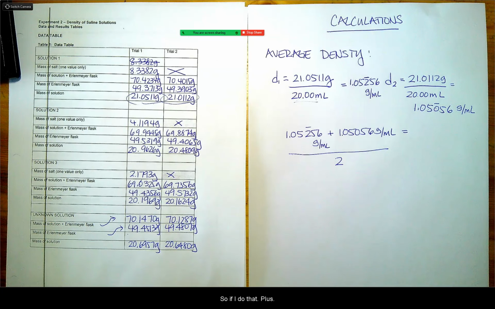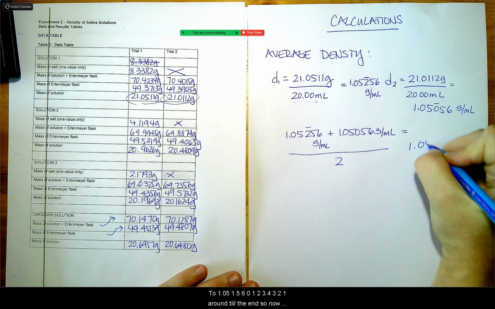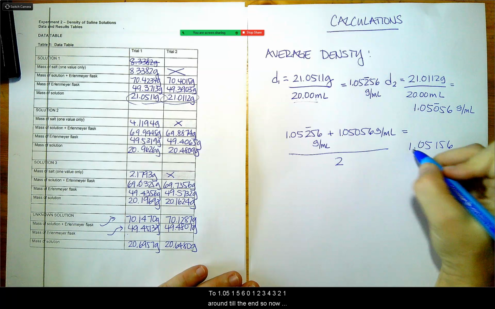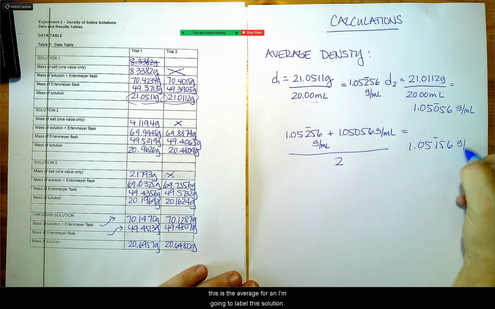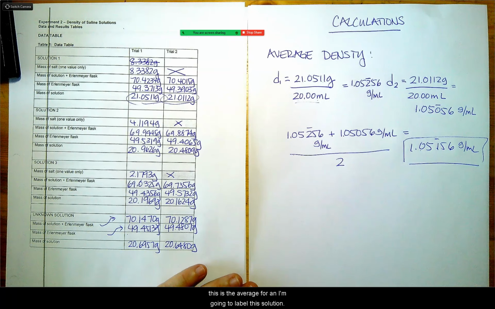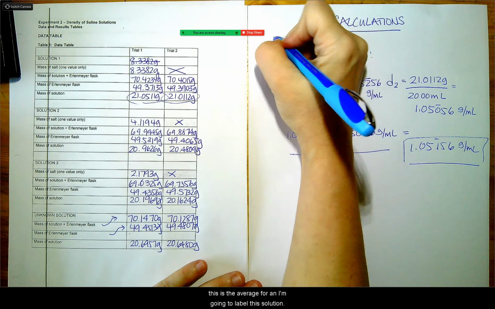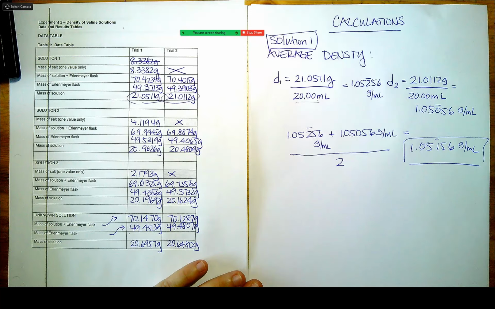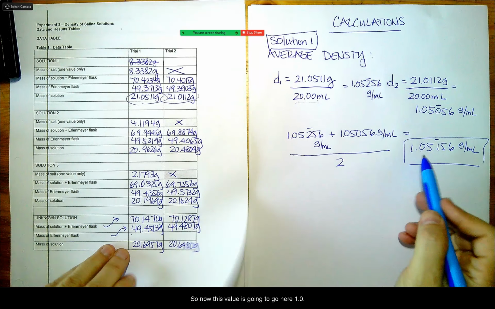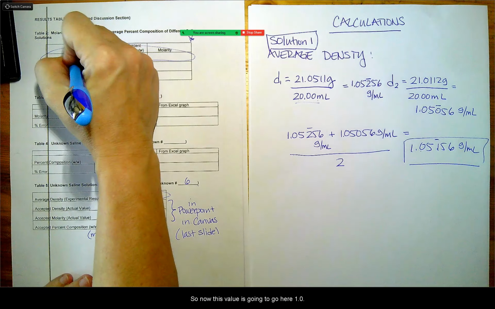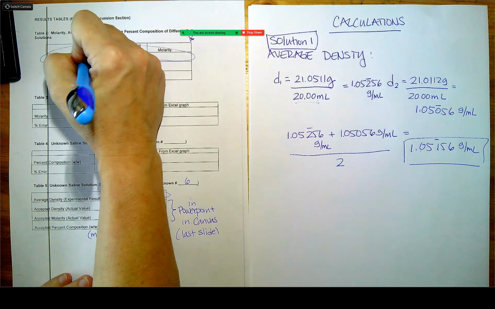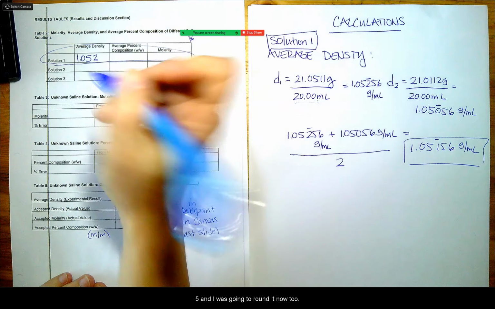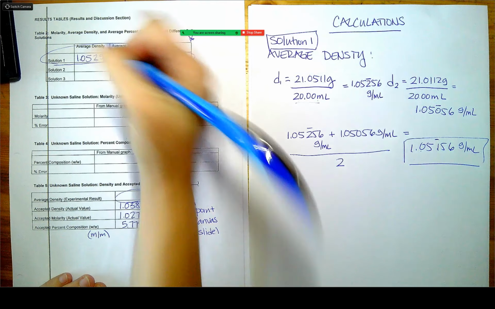So if I do that, that plus that divided by 2, I get 1.05156, so 1, 2, 3, 4. So we don't want to round till the end. So now this is the average for, and I'm going to label this solution 1 for my lab report. So now this value is going to go here, 1.05, and I'm just going to round it now, 2 grams per mil.